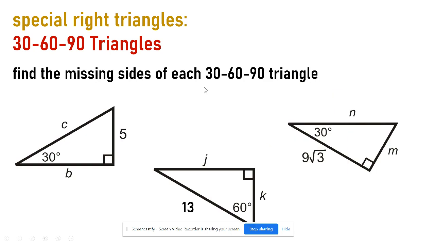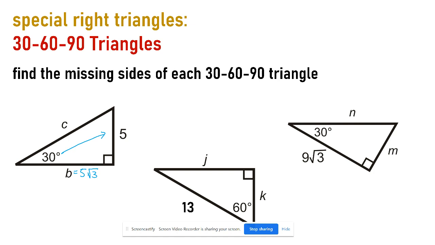So here, on our first example, the side they give us is across from the 30-degree angle, so it is the shortest side, so it's 5. That's probably the easiest one to start with. So what we can do is we take the 5 and we multiply it by square root of 3, and that's going to tell us the other leg, which is the b.